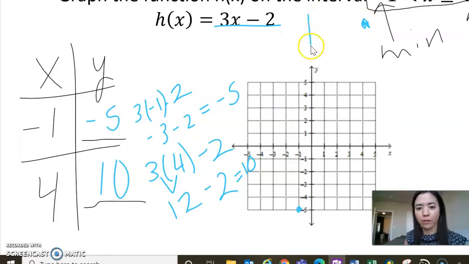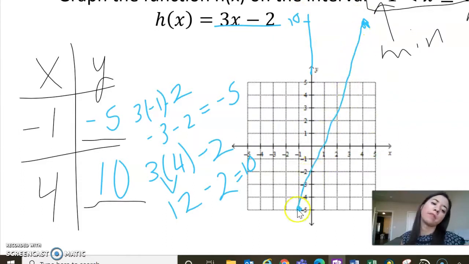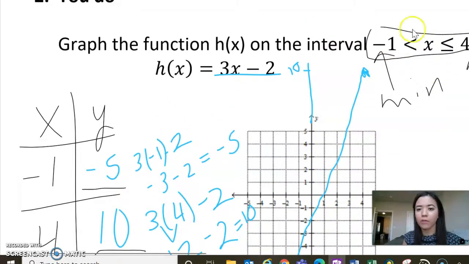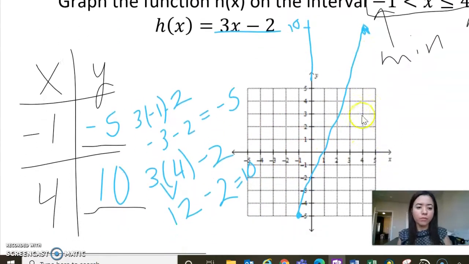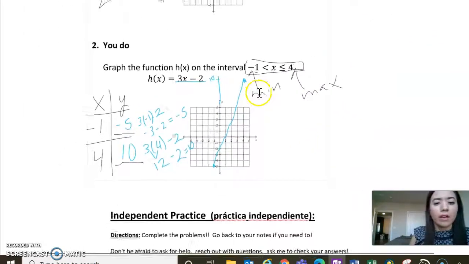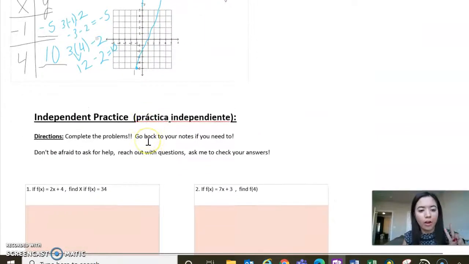On your graph, you're looking for the value that says 10. So over 4 up to 10, and then now we connect them because this is a graph, so we need to draw a line, and then now we have a graph that is on the interval between -1 and 4. Okay, beautiful. There they are.